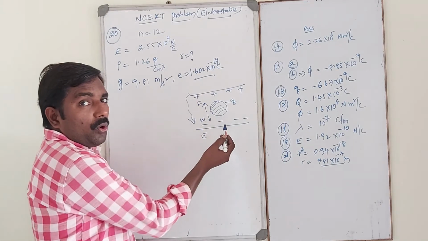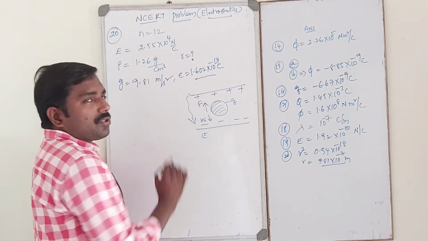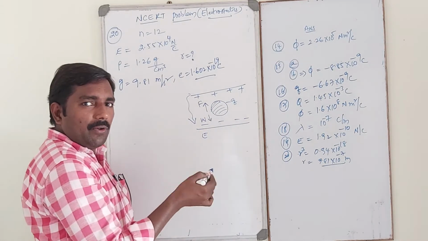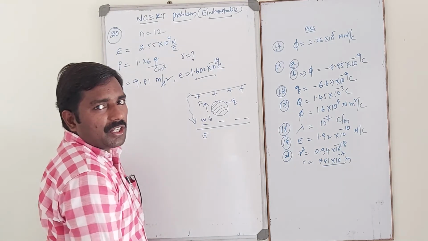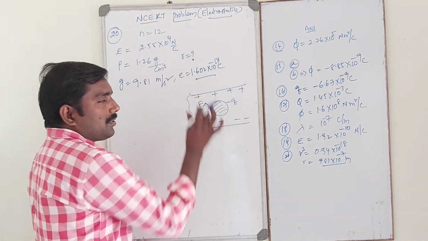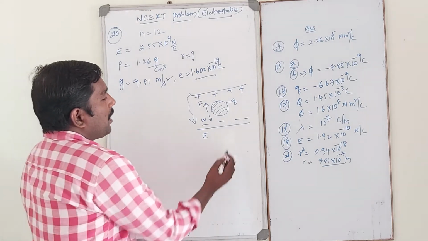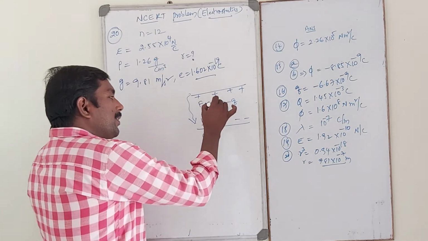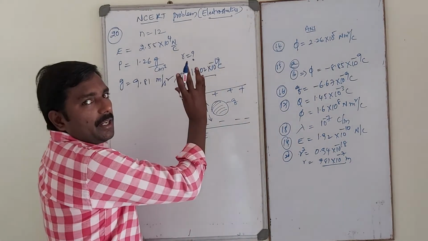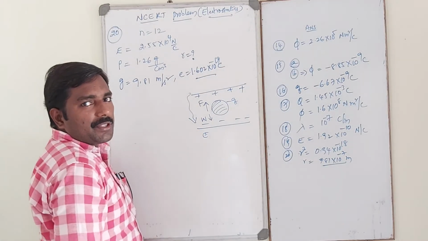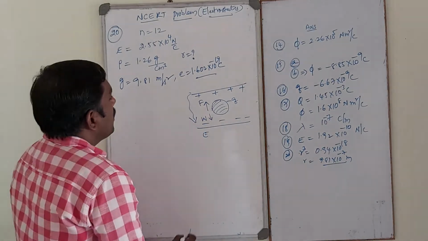These two forces are equal in magnitude and opposite in direction, so the oil drop will be stationary, that is, at rest in the equilibrium position.